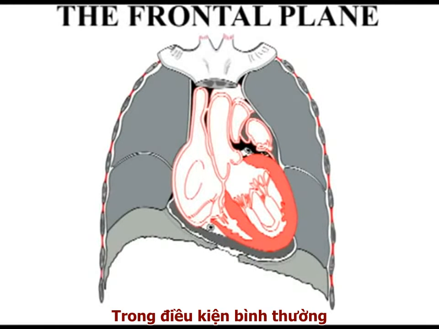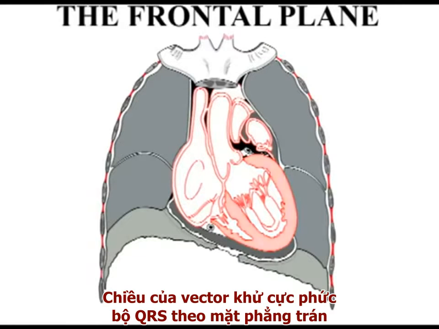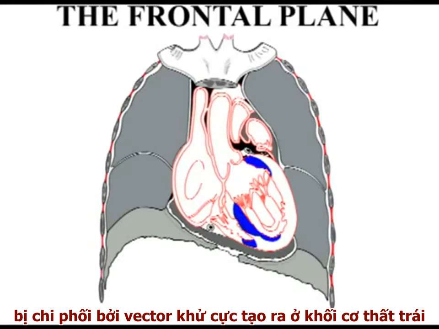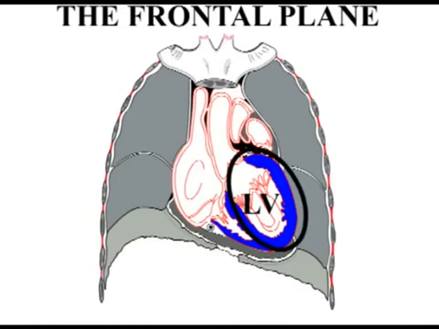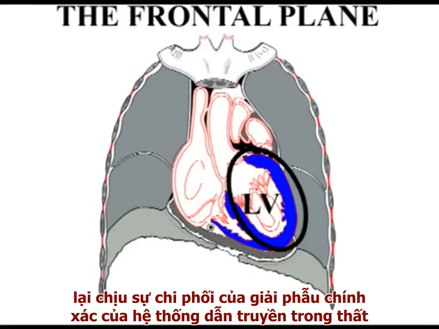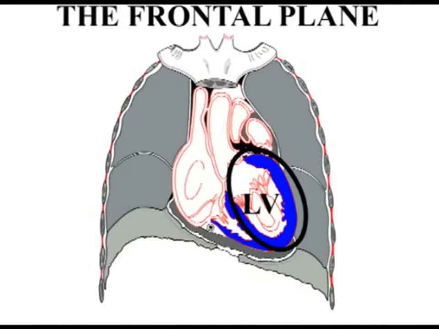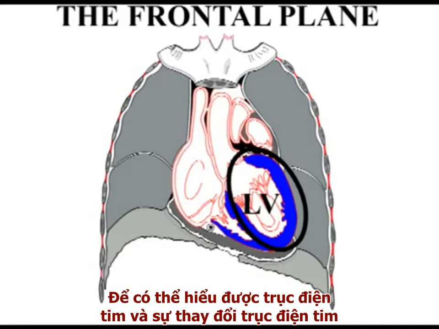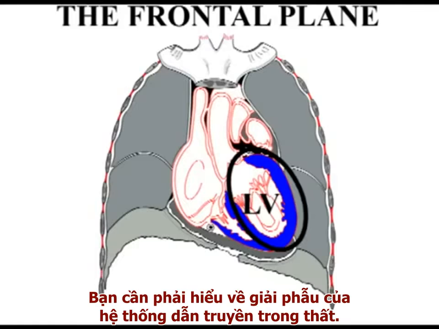In normal circumstances, the direction of the frontal QRS vector is dominated by the depolarization vectors generated in the large left ventricular muscle mass. The pattern of depolarization of the left ventricle is in turn dictated by the precise anatomy of the intraventricular conducting system. To understand the cardiac axis and axis deviation, you need to be familiar with the anatomy of the intraventricular conducting system.